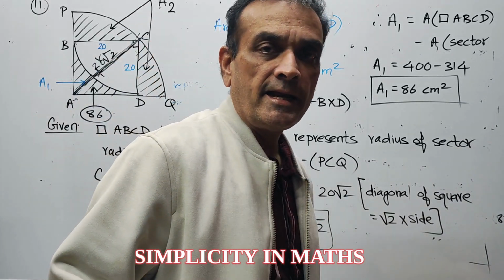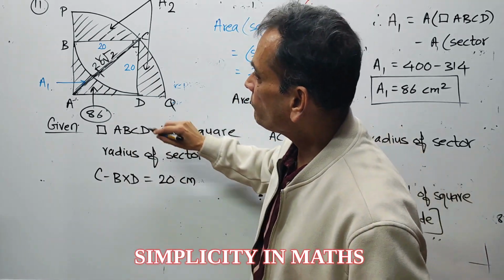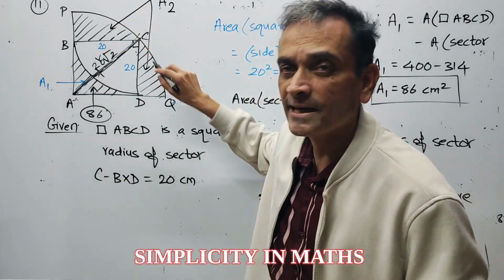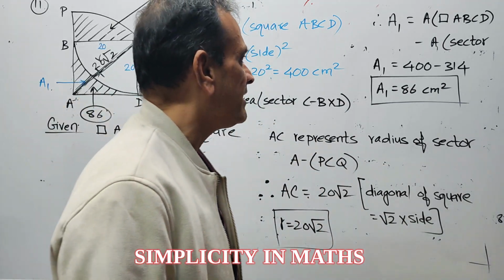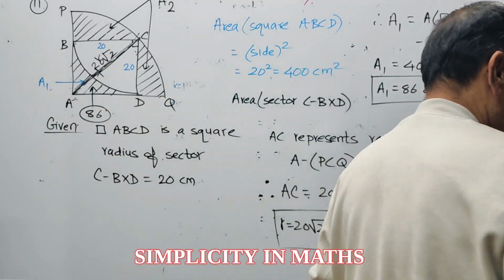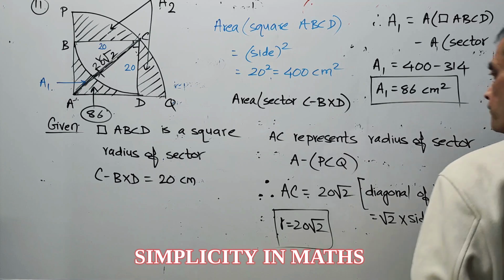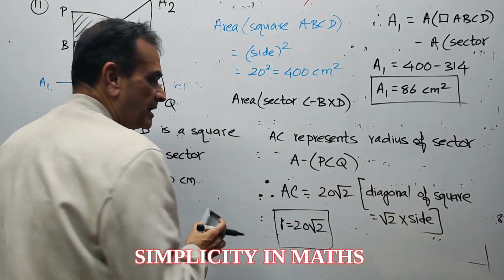So after getting the radius, we are going to find out the area of the big sector now. Same formula, theta upon 360 into pi r squared. Right? Let us use the same formula. I will write here now.